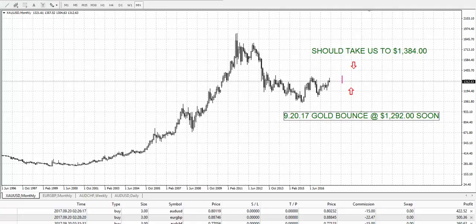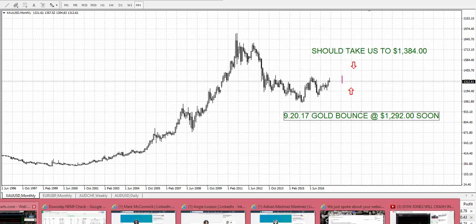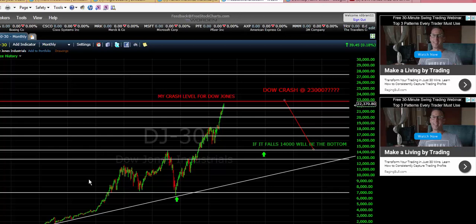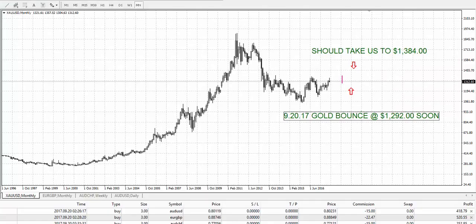All-time market highs, and gold is finally starting to turn around from that last pullback, these last 5-6 years. Which is it? Do you think gold is going to keep going down, or do you think the markets are due for a pullback? I don't know, but I say the latter. I say the markets are due for a pullback.